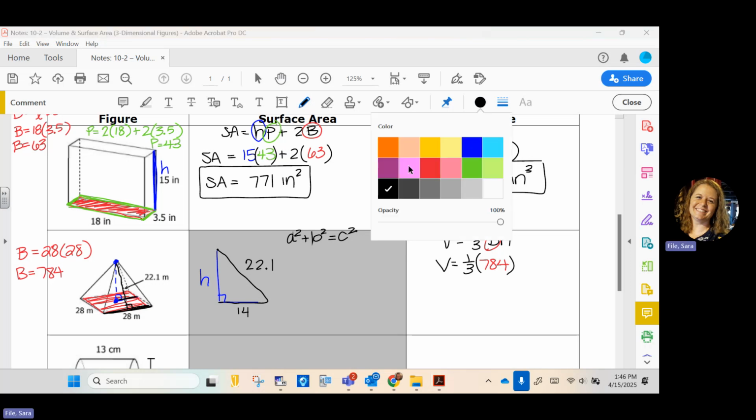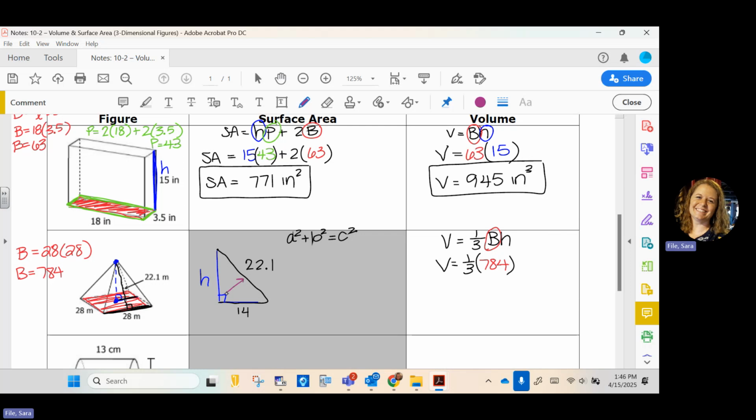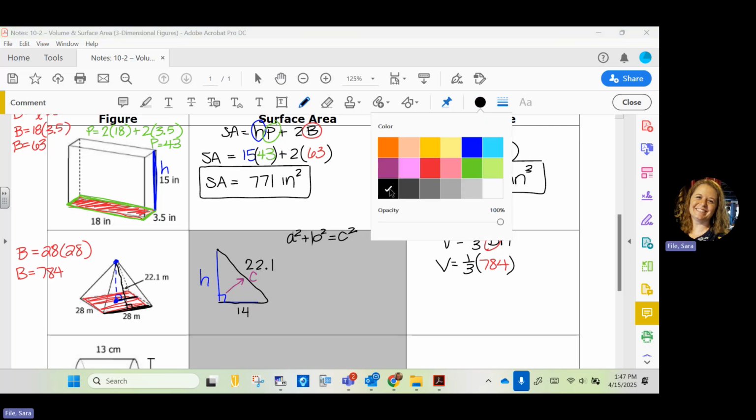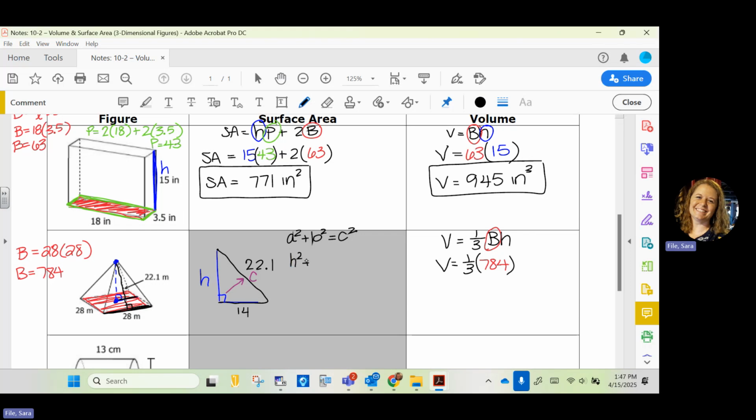Remember, this is what we just tested on. And we said that the C has to be across from the 90-degree angle. That's the hypotenuse. And then the A and B are interchangeable, the H and the 14. So this could be H squared plus 14 squared equals 22.1 squared.